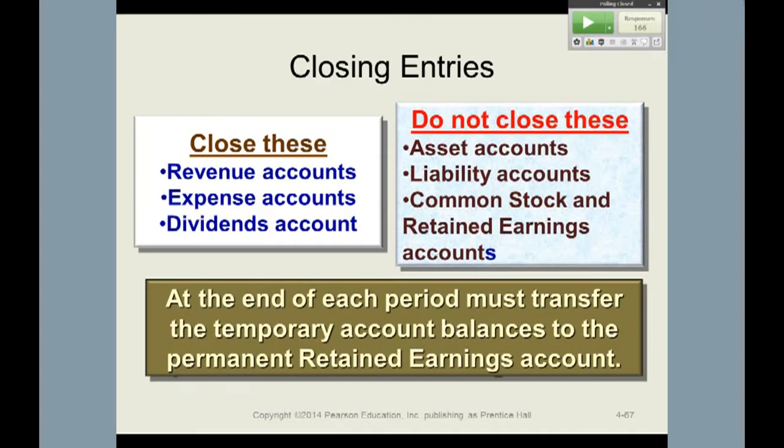I transfer it to retained earnings. So the next closing entry, C, will debit the income summary and credit the retained earnings account. So revenues and expenses go to income summary, and income summary goes to retained earnings.